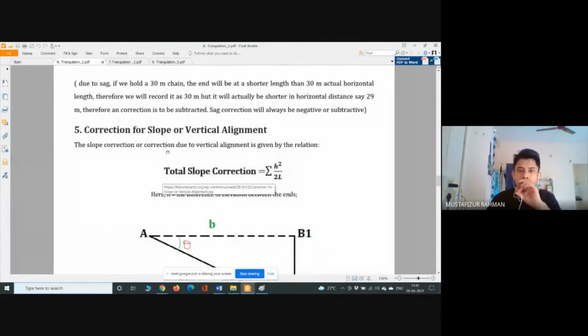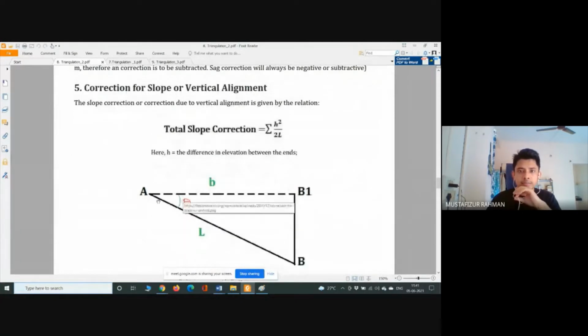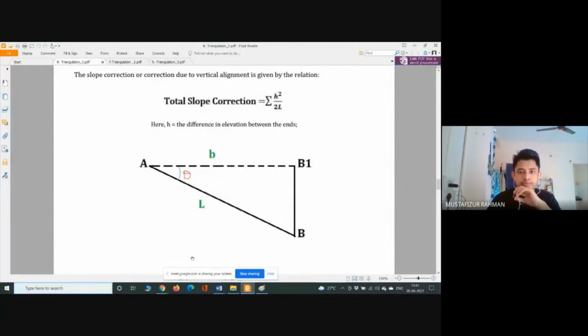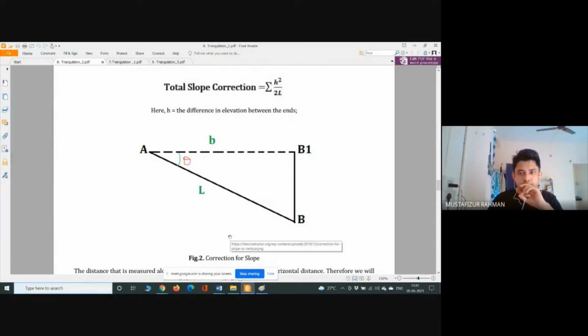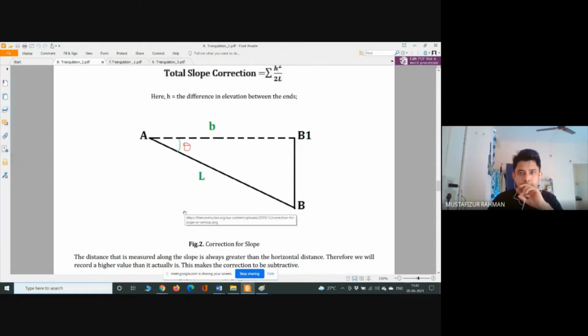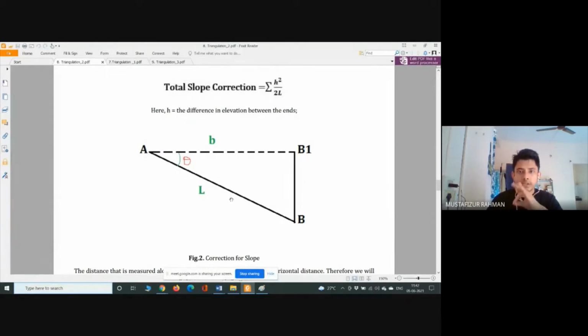Then correction due to slope or vertical alignment. Okay, so this is A point, this is B1 point. We had to do this way, but we didn't do this way. We went to some other point, right? So therefore, we have this error over here.